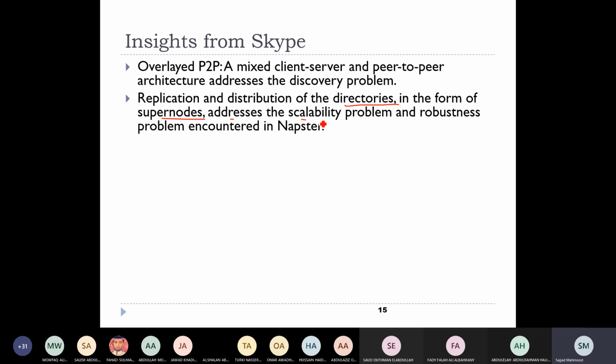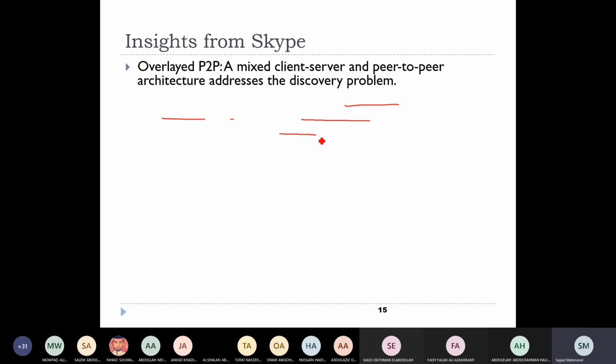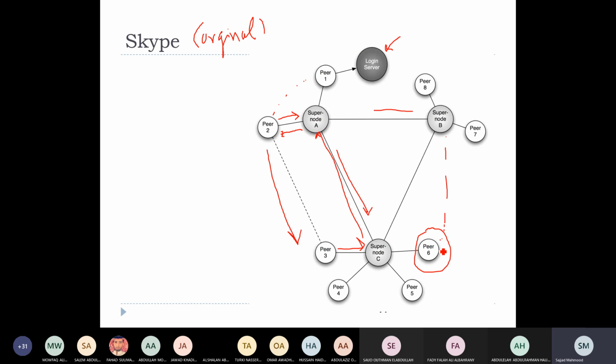Hence they address the scalability and robustness problems faced by Napster, because these supernodes only handle a small part of the content information, so they're not overloaded, and they are also replicated. If one of them goes down, they will promote a new node to become a supernode. Like in this example, they may promote peer C to become a supernode, and then the replicated information of supernode C is passed on to it. It keeps on going.